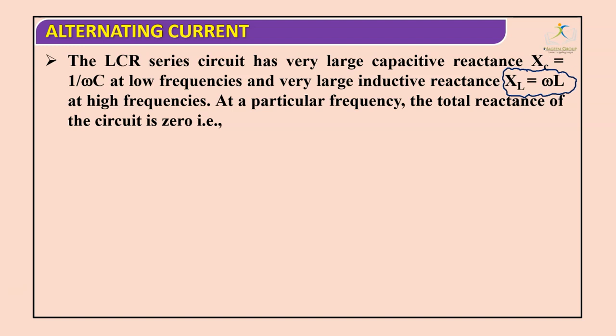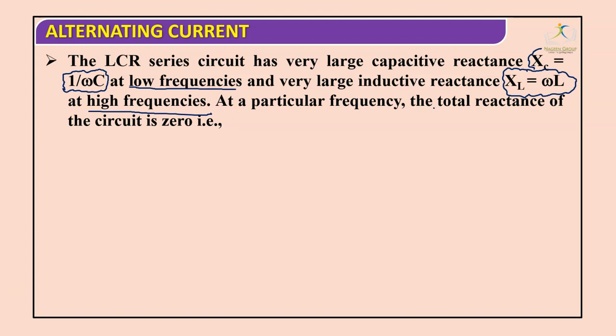We know that the value of XC is 1/ωC, clear? So this is applicable for a low frequency, and XL = ωL is for a high frequency. Again, capacitive reactance we use for low frequency and inductive reactance for very high frequency.